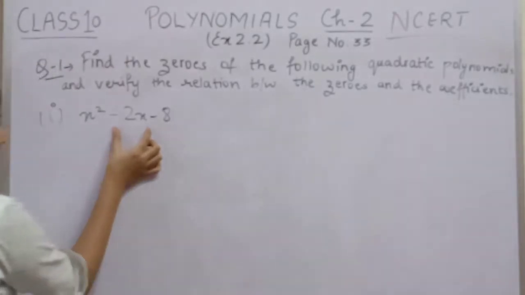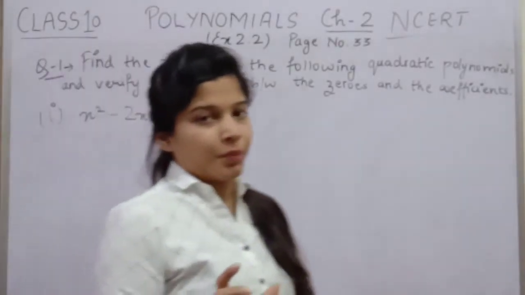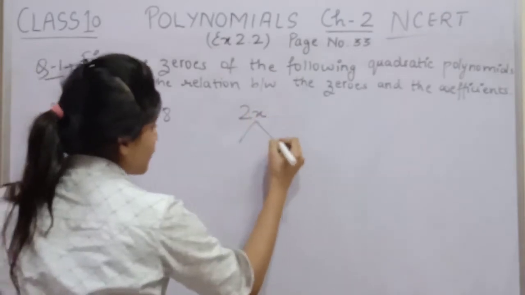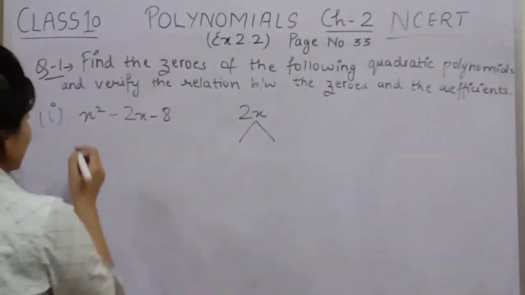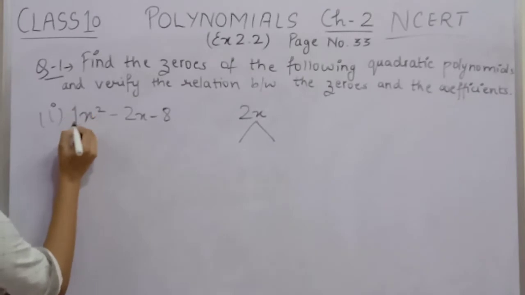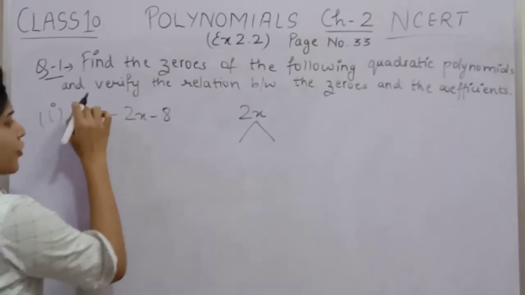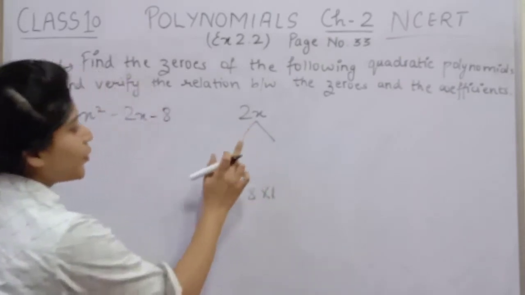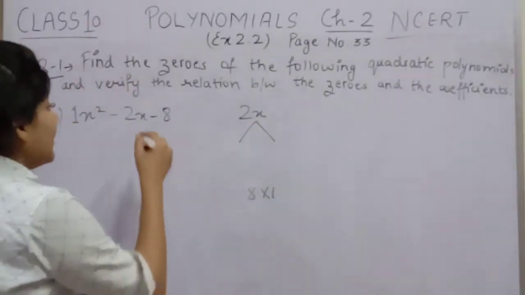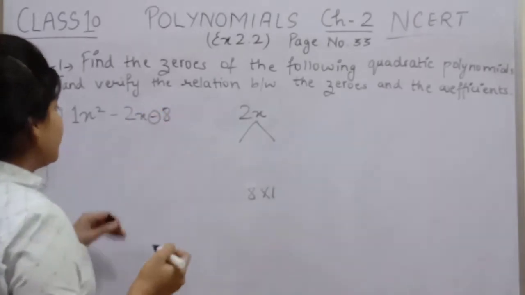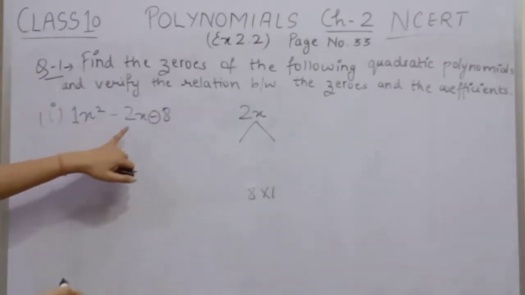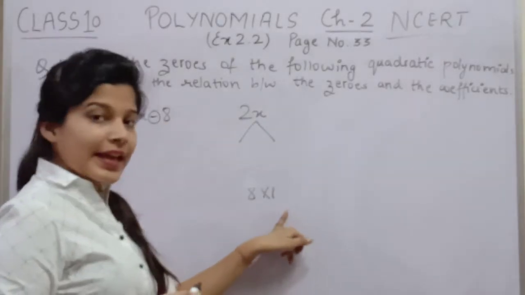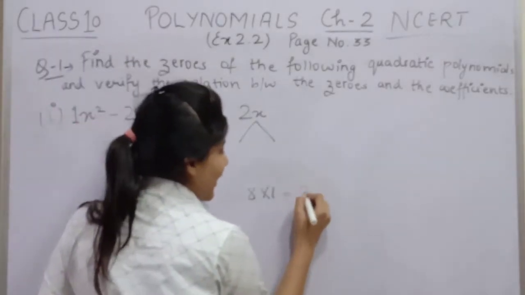So अब हमें middle term split करना है 2x को, ठीक है? So 2x को हम कैसे 2 parts में split करें कि देखो यहाँ पे x square का coefficient है 1, right? So it means 1 into 8 होगा. So कैसे हम 2x को split करें कि माइनस करके तो आए -2 and multiply करके आए 8. 8 into 1 is 8, right?